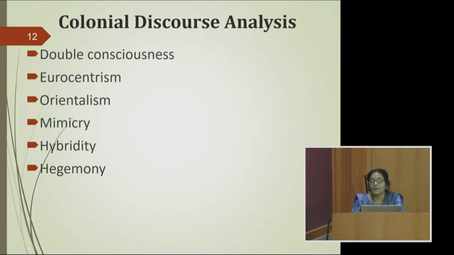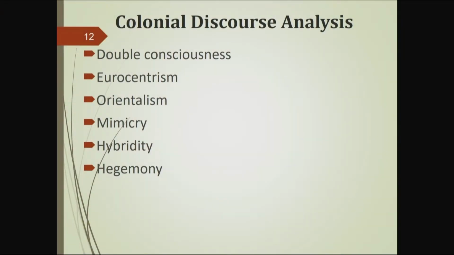Orientalism. This is a concept that was put forth by Edward Said. Now Said is the first one who pointed out that the Orient was actually constructed. It is not a reality. The Orient has been constructed with the single purpose of trying to show the East as inferior to the West.